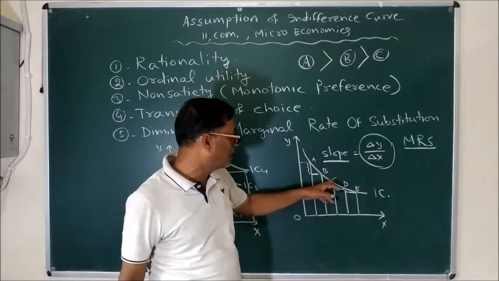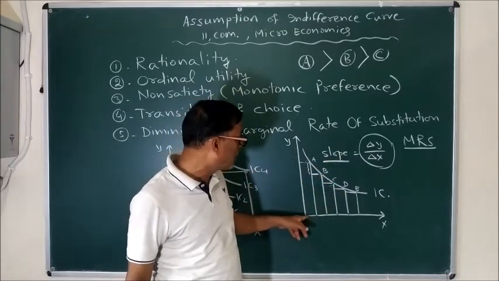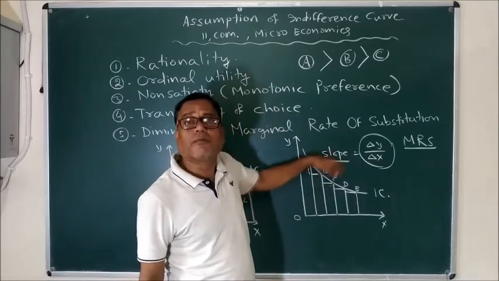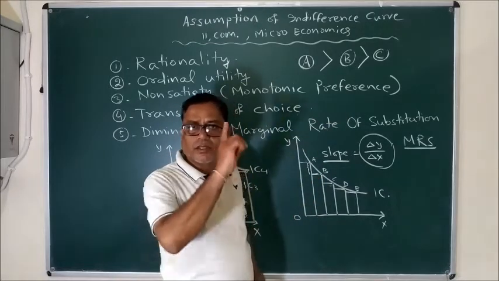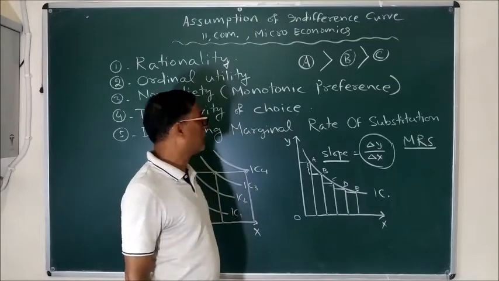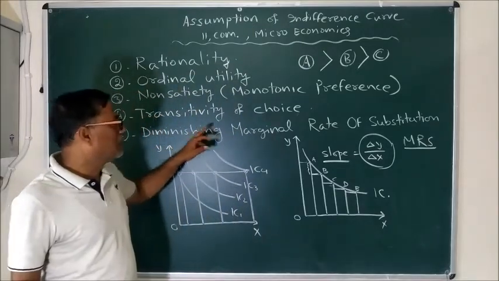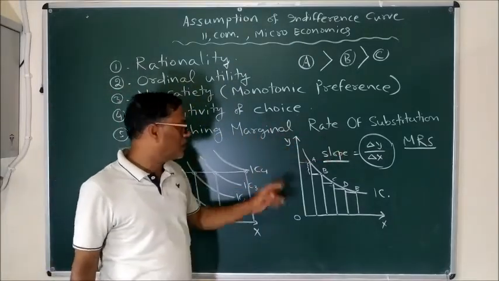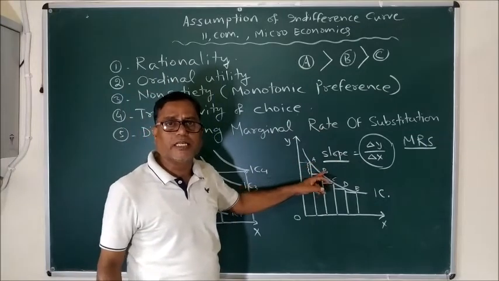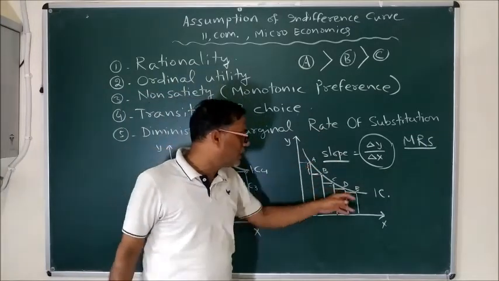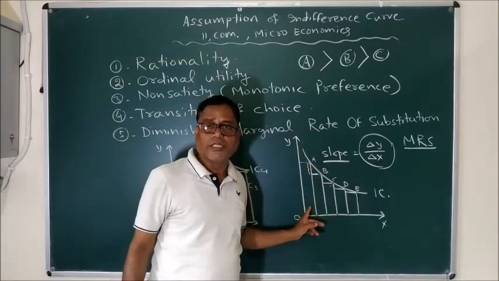That means the curve is protruding towards the point of origin and not away from the point of origin, like the PPC or production possibility curve. So that's why diminishing marginal rate of substitution gives our indifference curve its peculiar shape, convex to the point of origin.